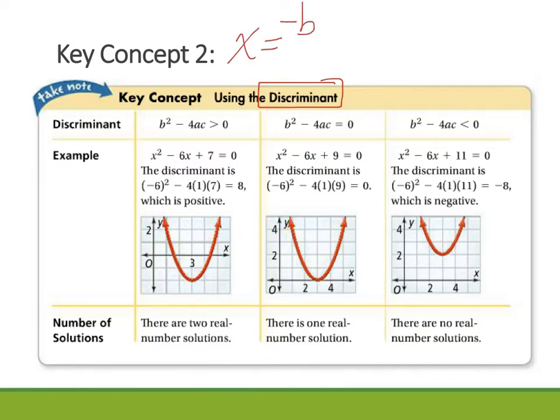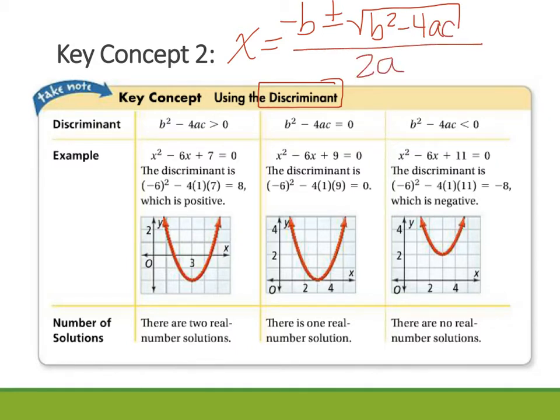So it's x equals negative b plus or minus the square root of b squared minus 4ac, and all of that is over 2 times a. Now look underneath the square root sign at this. That's the discriminant. Now the discriminant basically helps us to determine how many solutions we have.